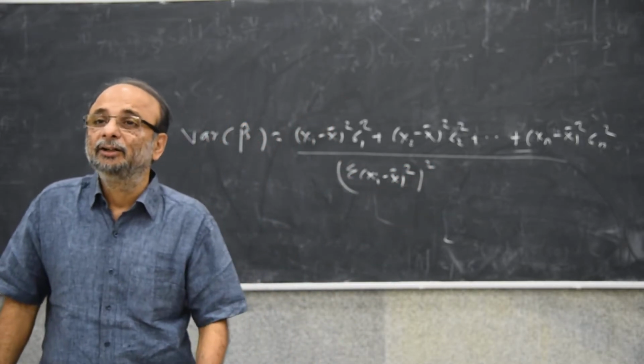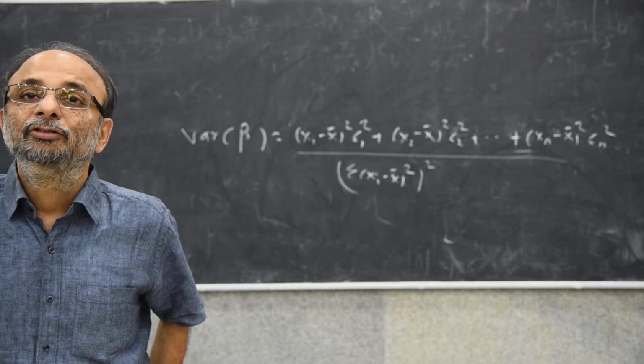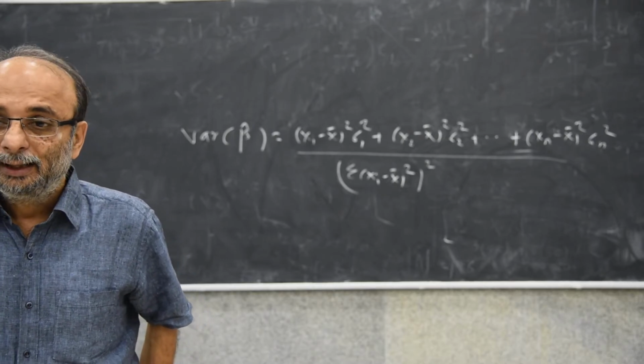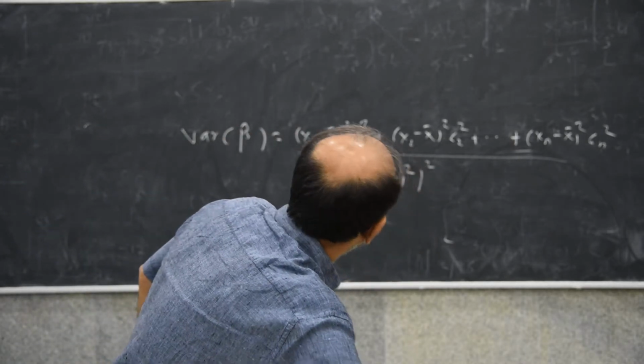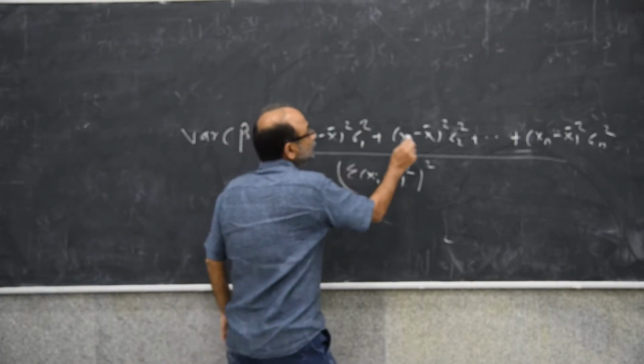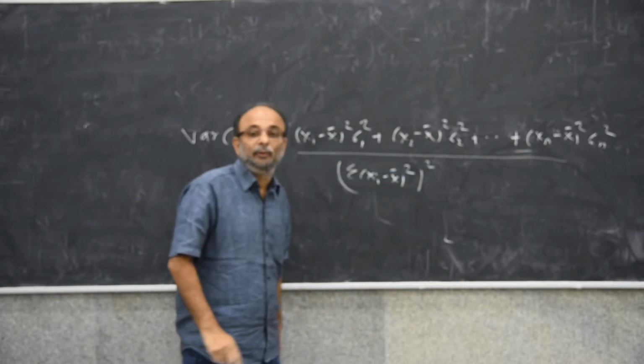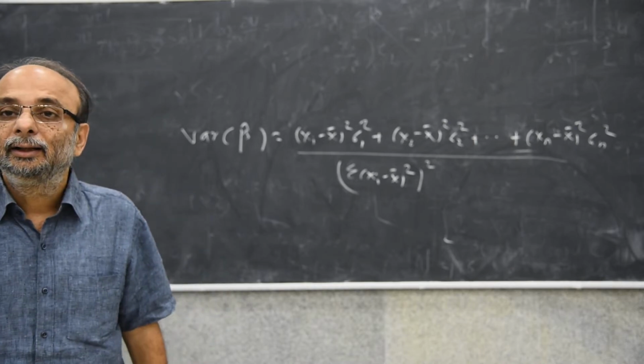That becomes the correct formula for the variance of beta hat. We understand all this. The point is, we do not know sigma 1 square, sigma 2 square, sigma n square.